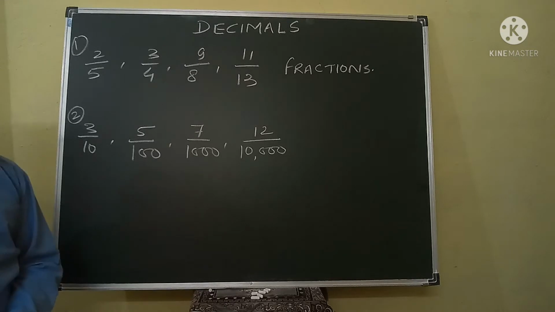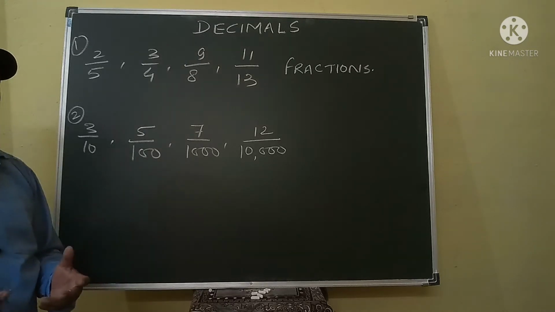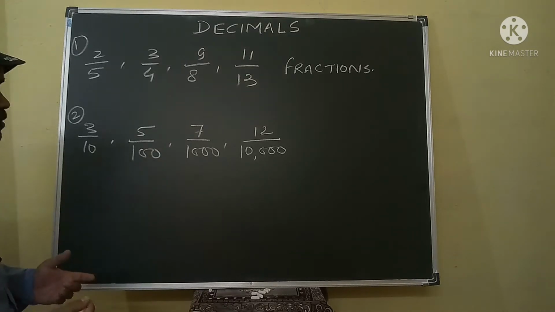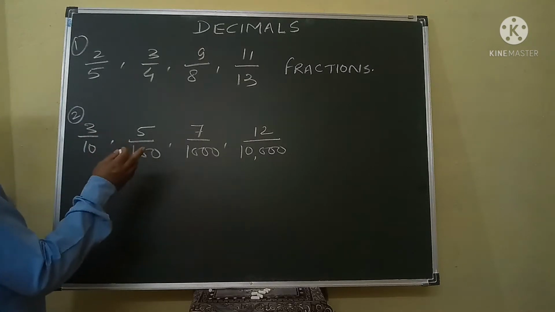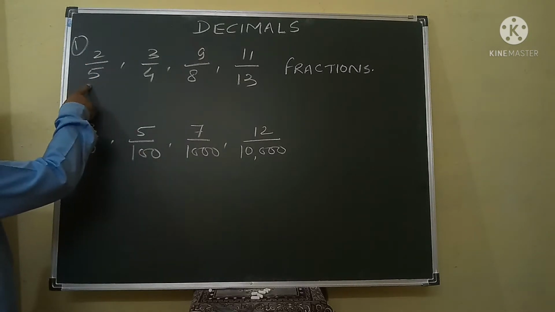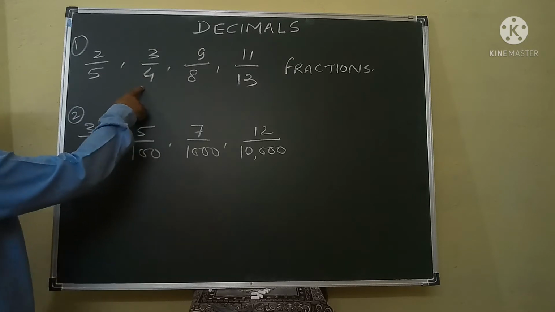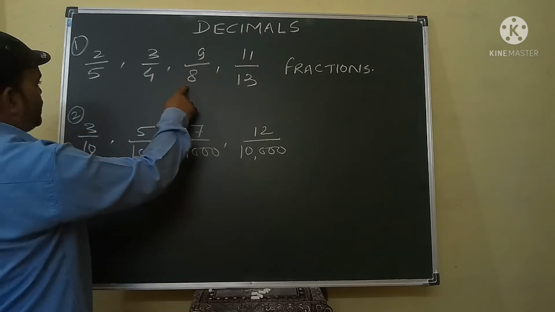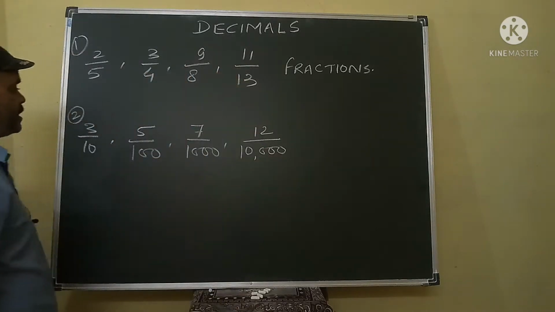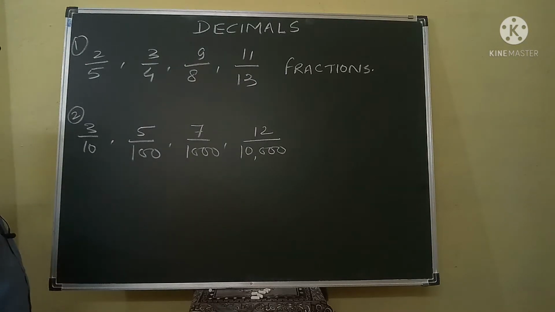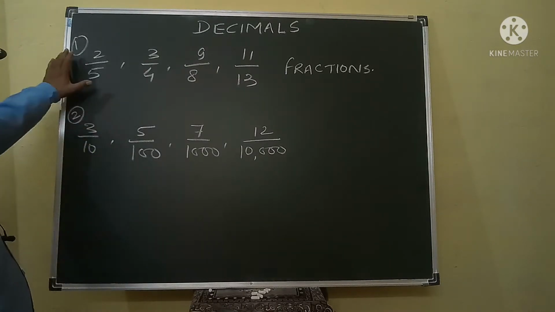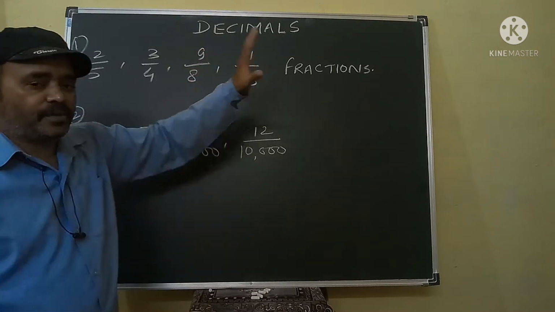Before starting the chapter, I just want to give you some examples. Suppose this is 2 upon 5, 3 upon 4, 9 upon 8, 11 upon 13. I hope that all are familiar with this type of numbers.